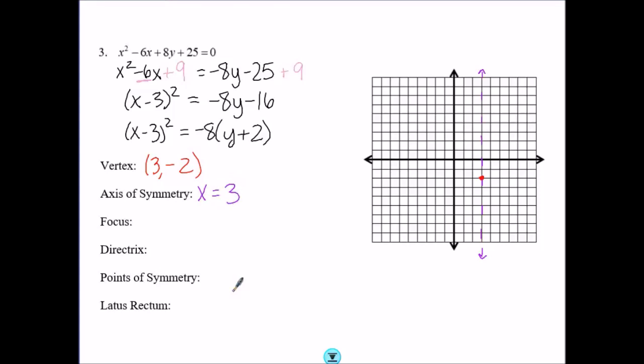Our focus is going to be p units from the vertex. Since we have -8 here, that means that p is going to be -2. So since p is negative, that means that the focus is going to be 2 units below the vertex.